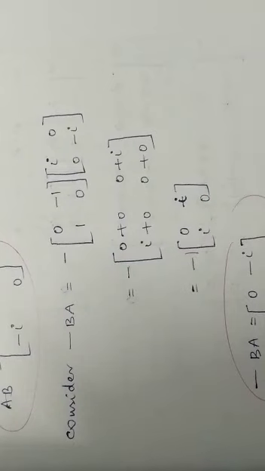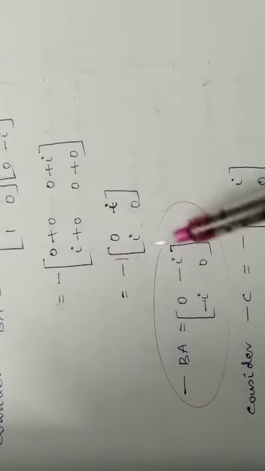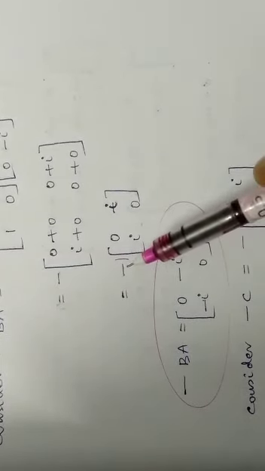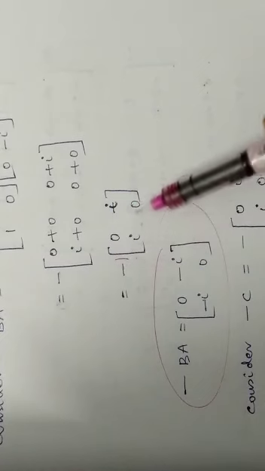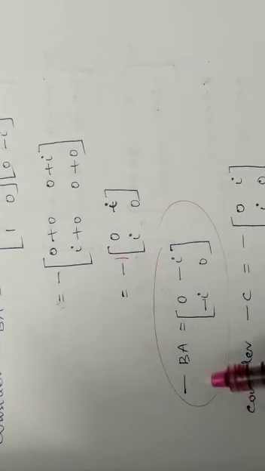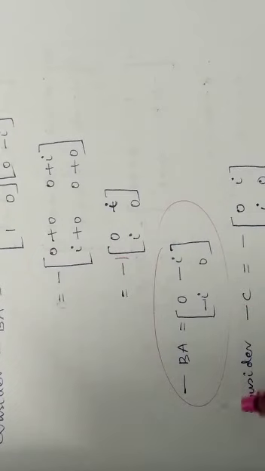Minus 1 into 0 is 0. Minus 1 into I, minus I, minus I, 0. So at last I got minus BA is 0 minus I, minus I, 0.